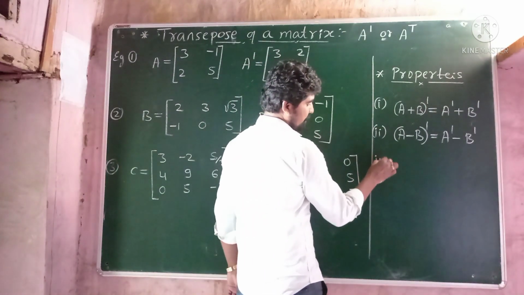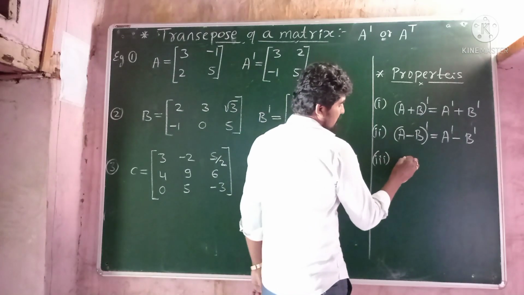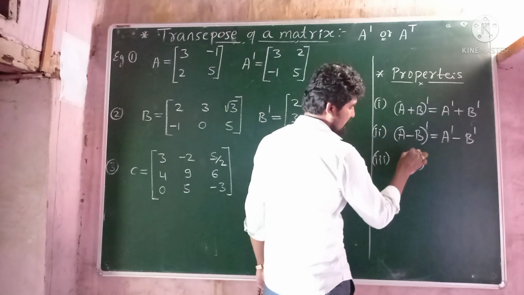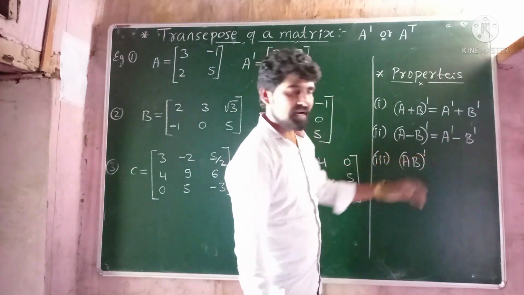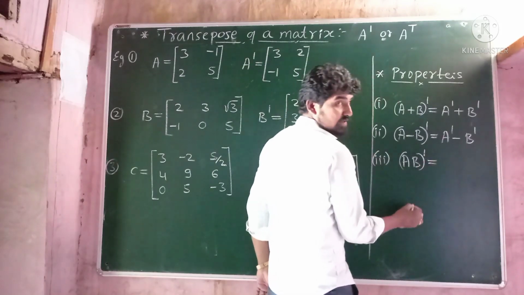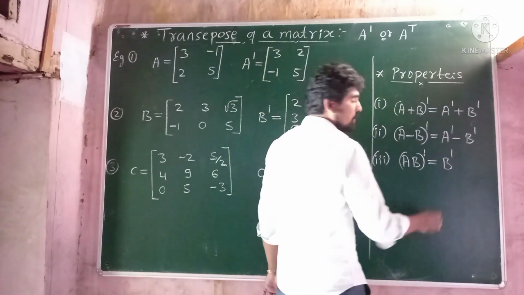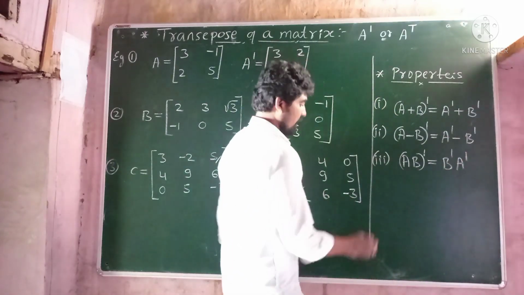And third one, transpose of AB matrix is equal to transpose of B matrix into transpose of A matrix.